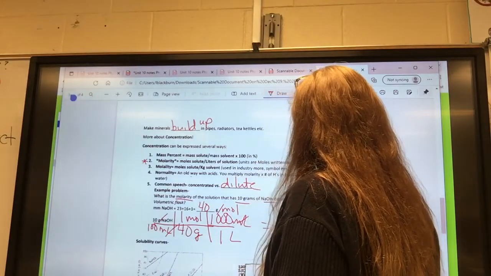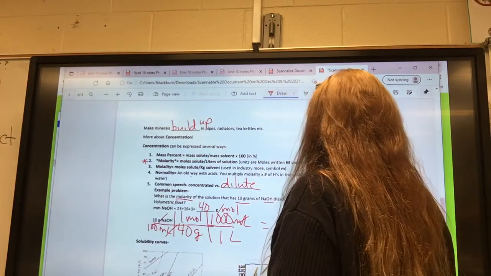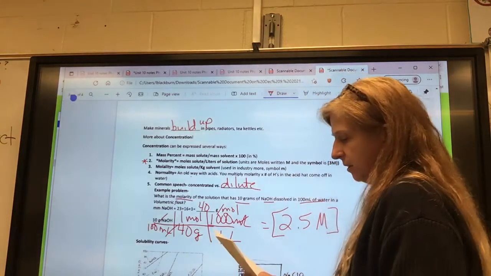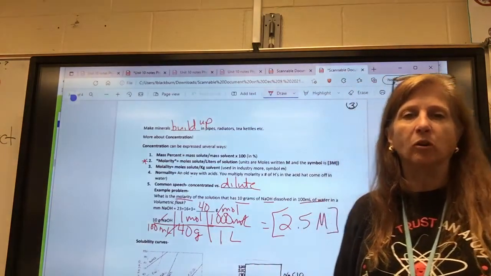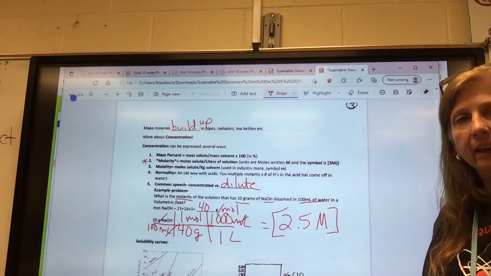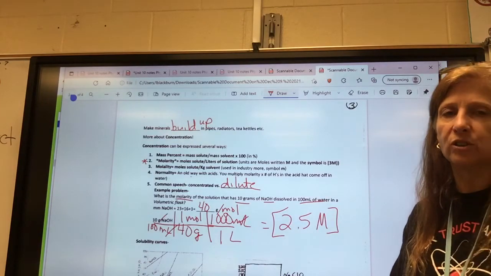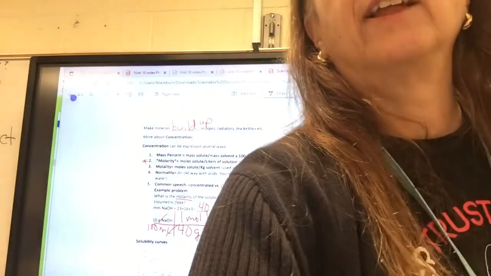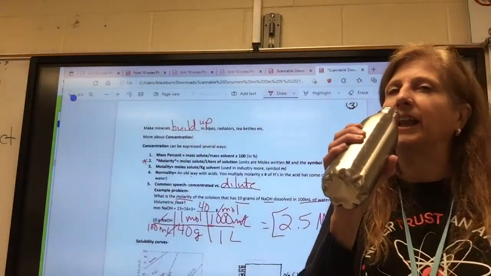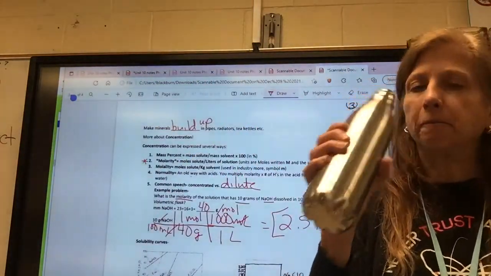So it's 2.5 big M in square brackets, 2.5 molar. Okay? That math seem doable? It's just a conversion factor that we learned our first week in class, how to do conversion factors.